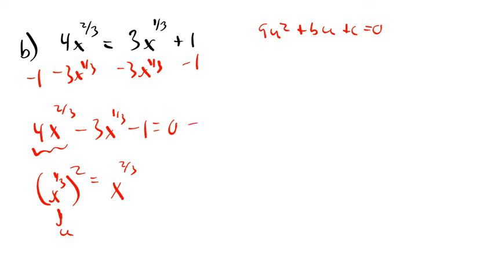Let's go ahead and rewrite this in terms of u now. So that's 4u squared, since u squared is this guy right here. Minus 3 times u, because we replaced the x to the 1/3 with u. And then minus 1 equals 0. Okay, so is this factorable? I hope so.